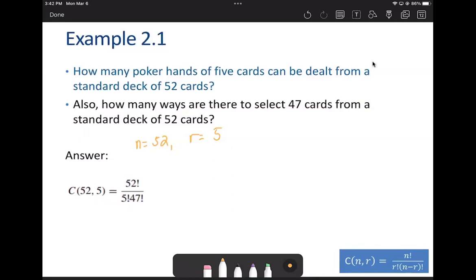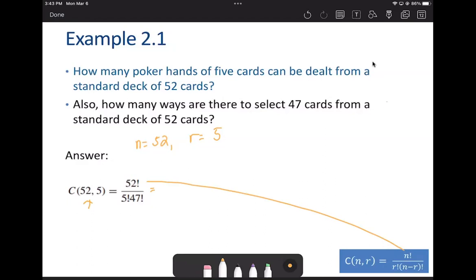So that's why we have the combination of 52 taken 5. So we have 52 factorial for n, correct? And then the r factorial, that will be 5 factorial, and then n minus r, so that is 52 minus 5, so that's why we have the 47 factorial. And then you can now compute for the value.